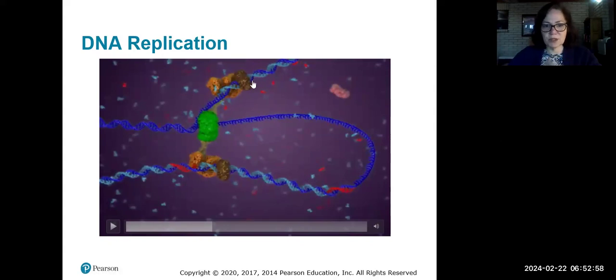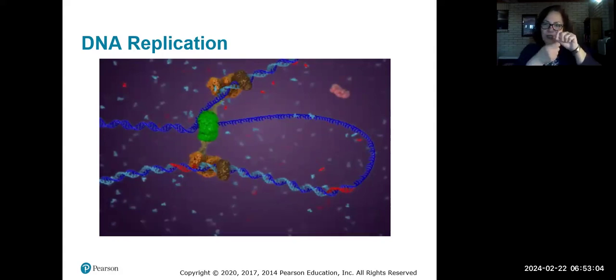You can start zipping a zipper, but you can't just start anywhere. You can't just put the teeth together wherever you want. That little solid piece of metal has to slip into the other piece so that you can pull your zipper up. That's what I think about for these red bits. They're RNA primers. They're little strips of RNA. Their function here is like that solid bit of metal to get the zipper started.